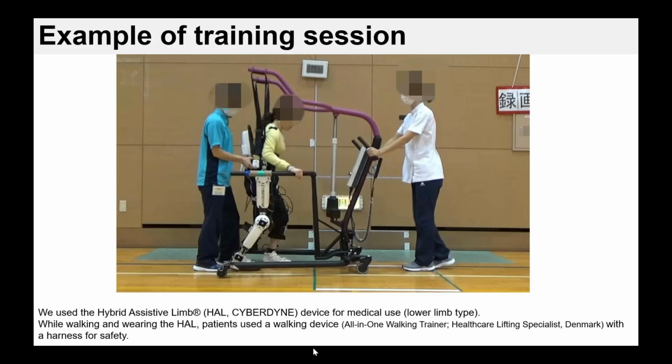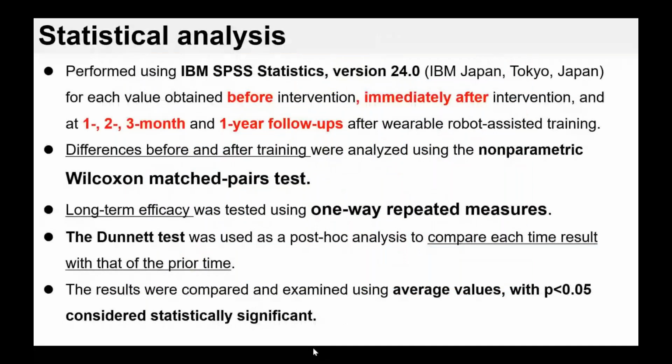Statistical analysis was performed using SPSS for each value obtained before intervention, immediately after intervention, and at 1 to 3 months and 1 year follow-ups after HAL training. Differences before and after training were analyzed using the non-parametric Wilcoxon matched-pairs test. Long-term efficacy was tested using one-way repeated measures.